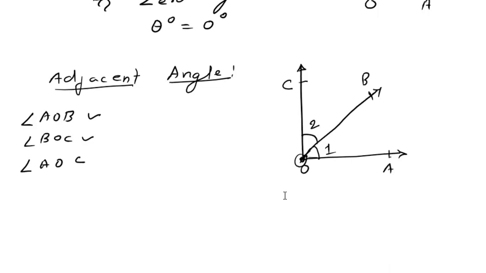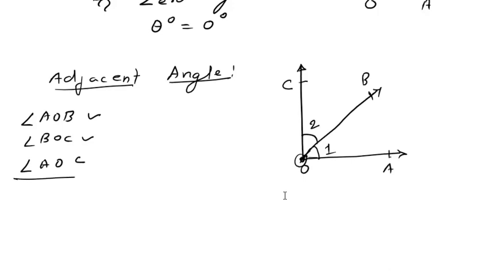So three conditions. One is that two angles, they should have a common vertex. Second, they should have a common ray. And third, they should have non-common rays on either side of the common ray. That means the common ray should be between the two other rays.